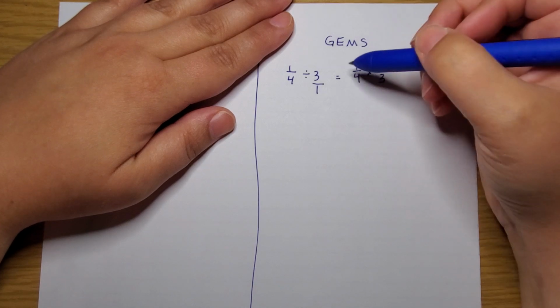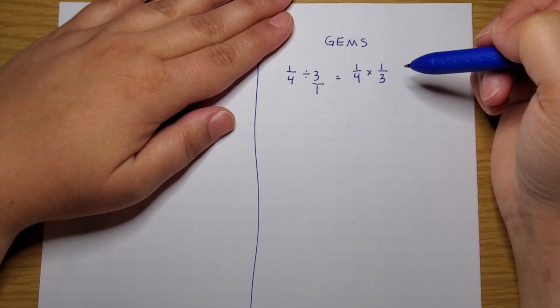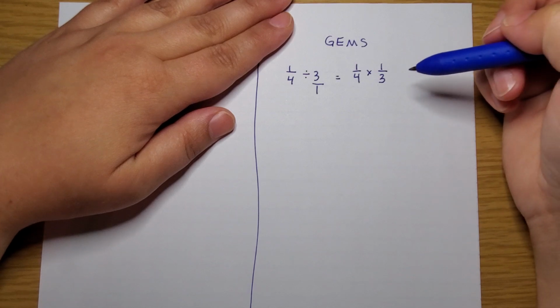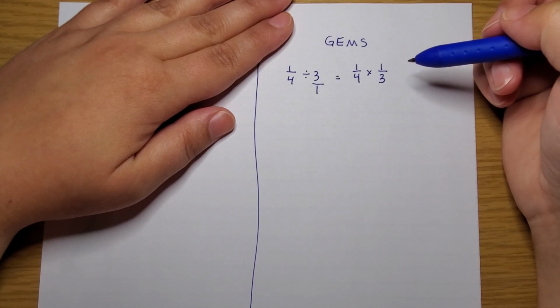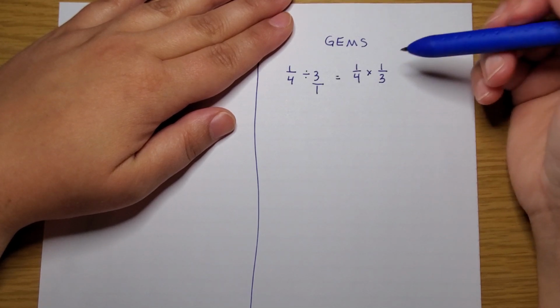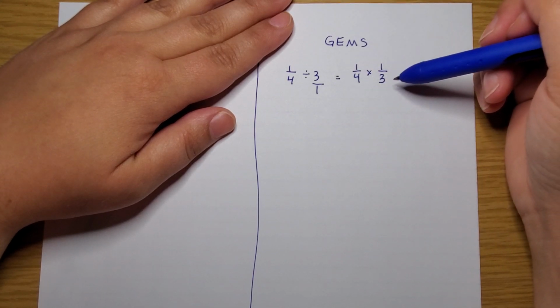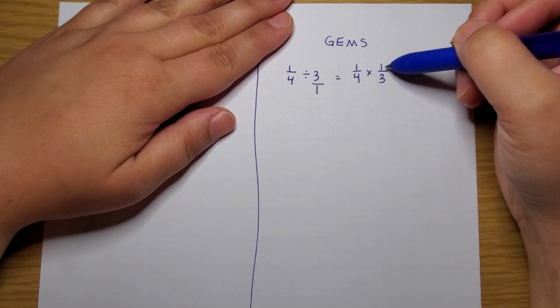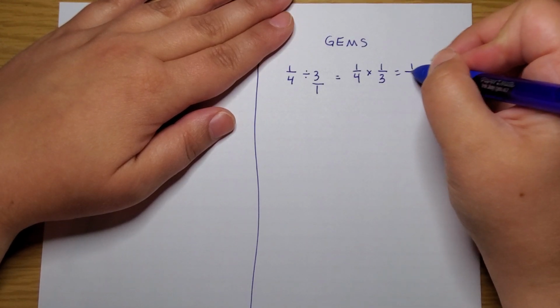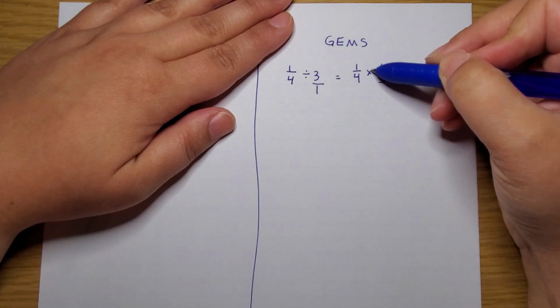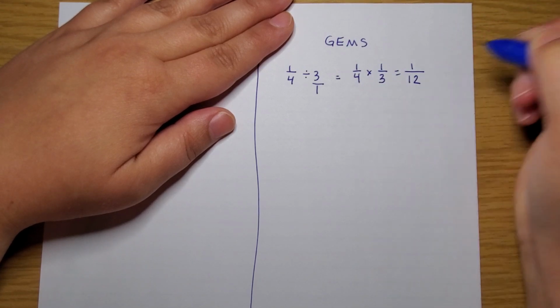Okay, so we just went from dividing into multiplying. When we multiply, we can either multiply across and then simplify, or we can use the prime factorization like we did in the last problem. On this one, because the numbers are all pretty small, I'm going to multiply across and then simplify. So 1 times 1 is going to be 1, and 4 times 3 is going to be 12.